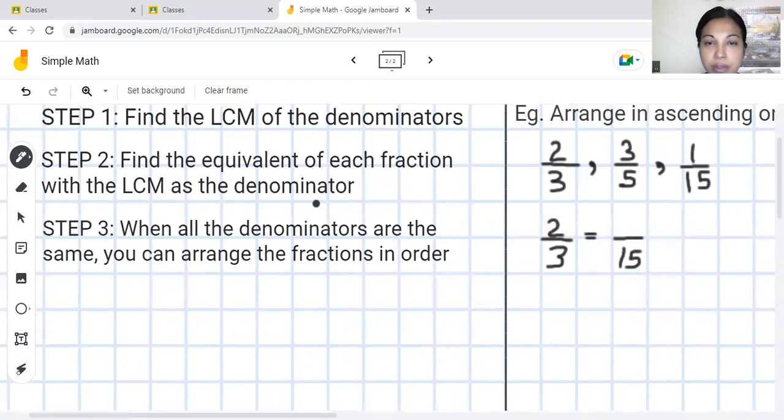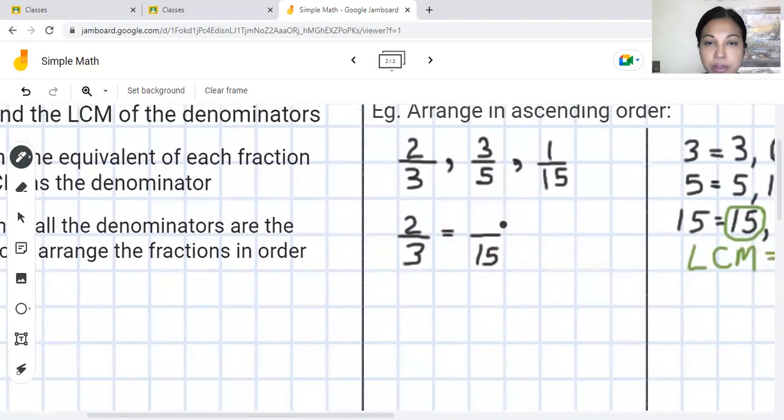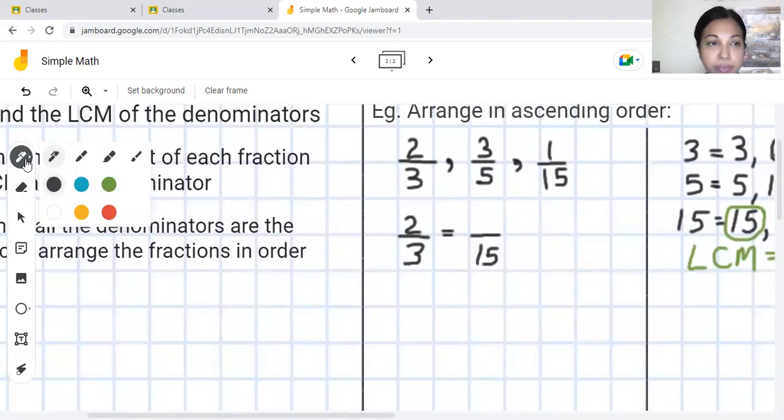All right. So we know when we have a missing number here, and we need to make an equivalent fraction, it means that whatever you do to your denominator, you will do to the numerator.